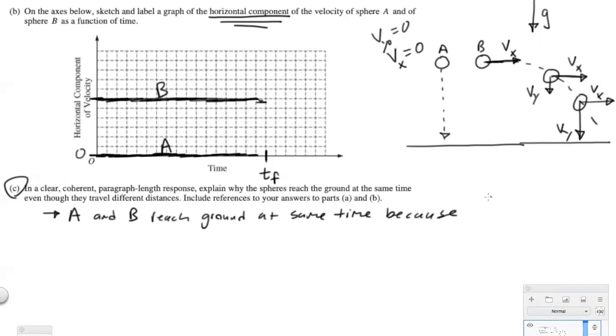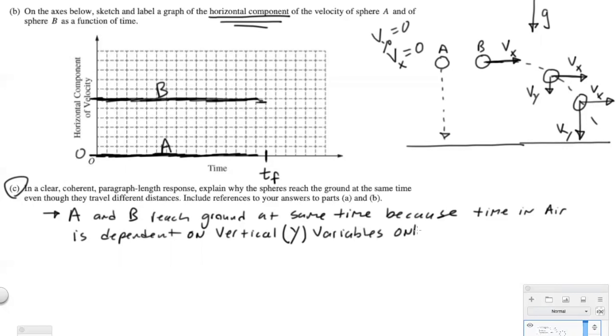Because time in the air is dependent on vertical or y variables only.